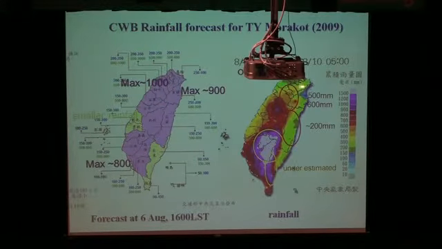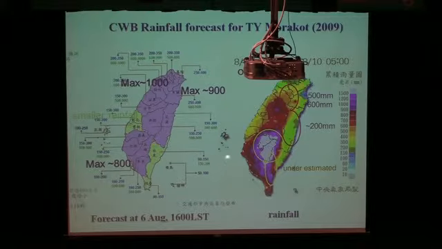But we found an underestimate, particularly over this part of Taiwan, because in previous cases, since there is a mountain here, we expected the downwind side of the mountain to be the dry area. But in this case, some of the rainfall was able to move over the mountain to the east side.